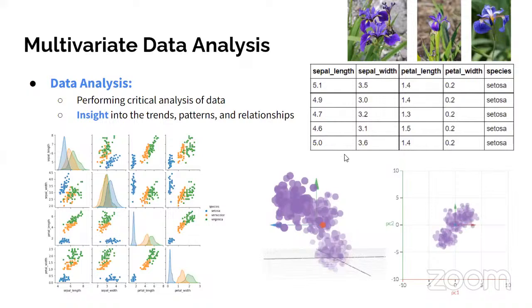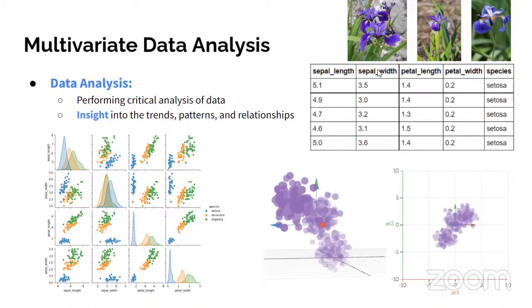This is something that comes under multivariate data analysis. Data analysis is where you get insights into the trends, patterns, and relationships between your features and your data. And a very simple beginner data set in machine learning is known as the iris data set.